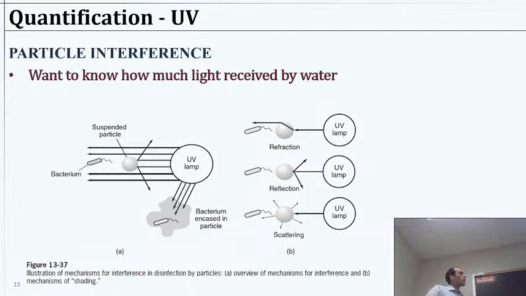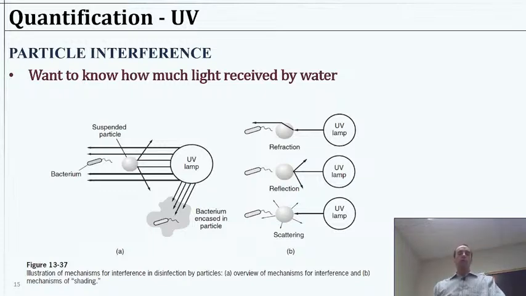Okay, so what do we consider when we are talking about UV? What are the factors we need to think about? Well, all of it's about light dose. So anything that could impact, reduce, affect this light dosing is something we want to consider.